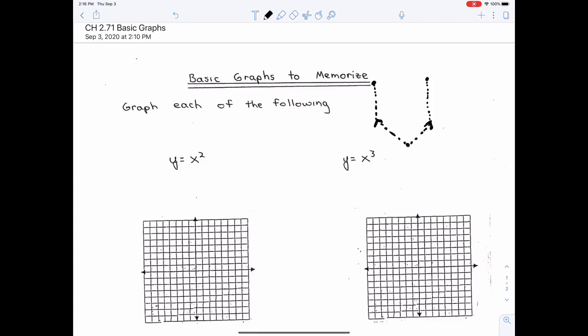But if the vertex, if the bottom of the V is staying the same, what's it going to look like? It's going to be stretched. So notice what I've done. From the original dashed graph, I've stretched up the graph.